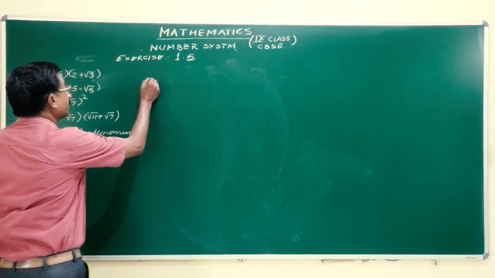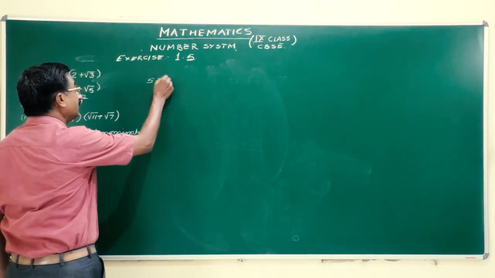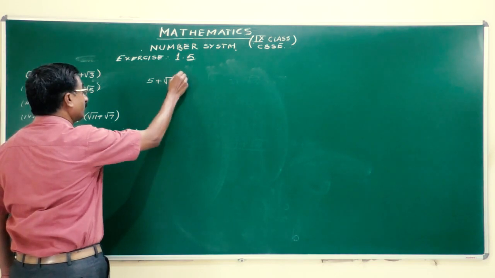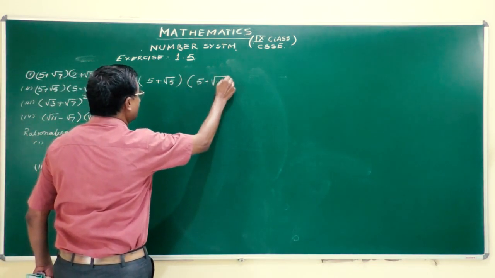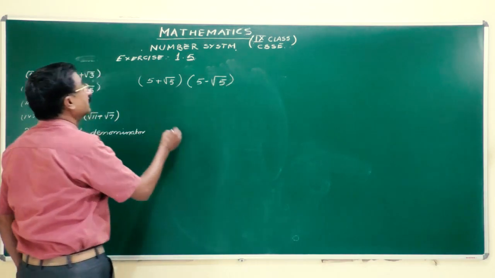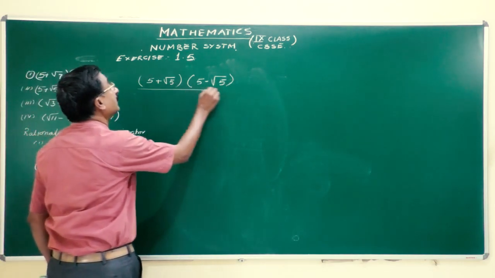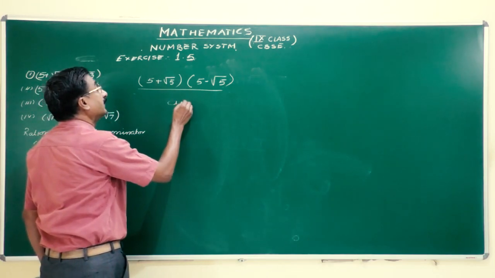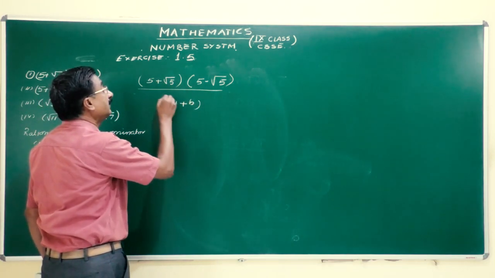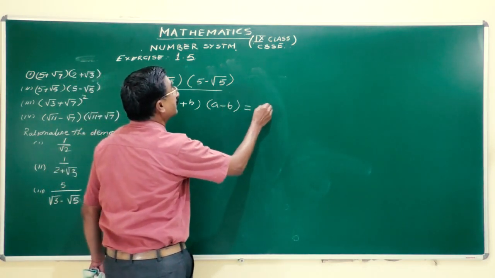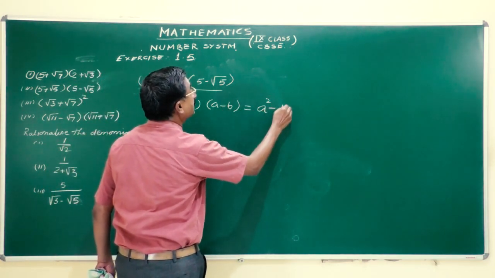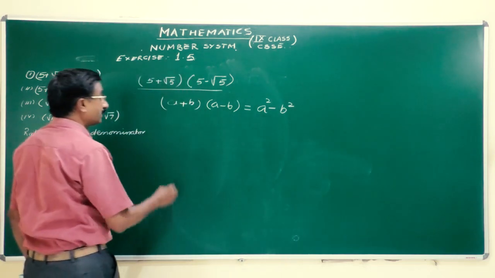It is not different. Now for the next one we will use 5 plus root 5 into 5 minus root 5. Here a plus b into a minus b is equal to a square minus b square, as we know.